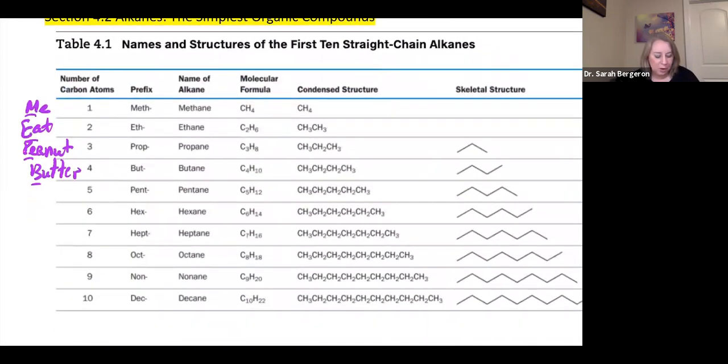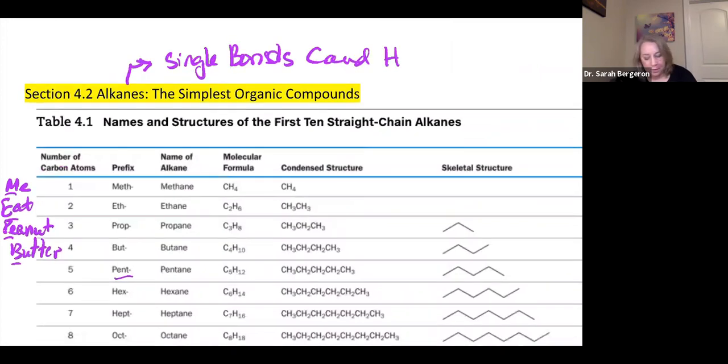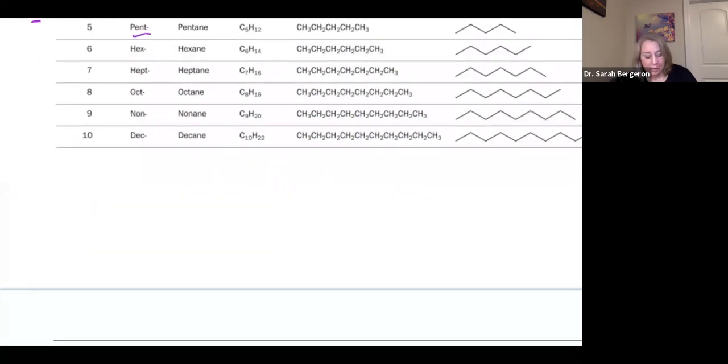And then we're going to use our normal prefixes after that. So remember, in our alkanes, we only have single bonds for our carbon, carbon and hydrogens, and we only have single bonds, right? So we're completely saturated. And what's our formula?